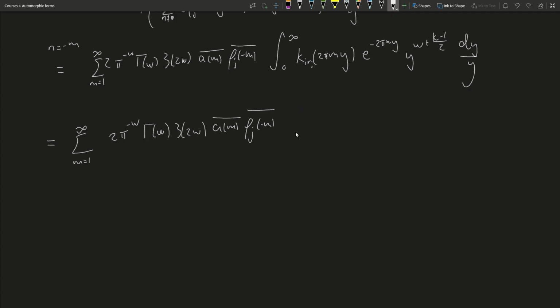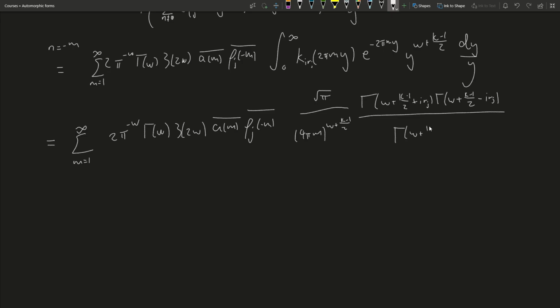And then here we have a 4 pi m to the w plus k minus 1 over 2 in the denominator, numerator of square root pi, and then we have gamma of w plus k minus 1 over 2 plus i r_j times gamma of the same thing but with a minus i r_j. And then here in the denominator we'll have a gamma of w plus k minus 1 over 2 plus 1/2.